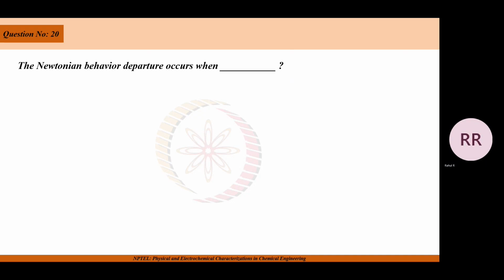The question was: the Newtonian behavior departure occurs when dash. Think about this for a few more seconds, then I'll let you know the answer.